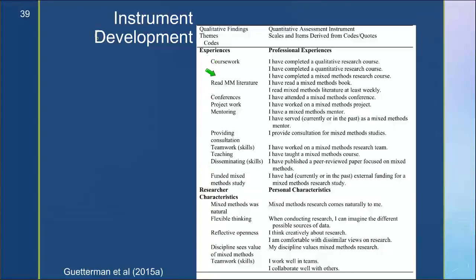And then I have qualitative codes, and mapped to each of these codes are specific items that I wrote based on that. It doesn't have to be one-to-one. In fact, note here for some of these codes, like reading mixed methods literature, there are actually multiple items that relate to that.